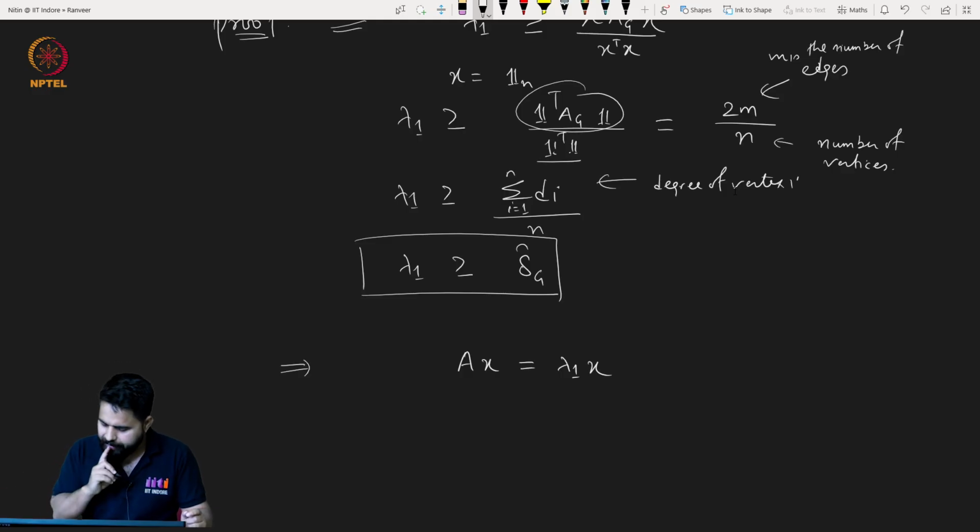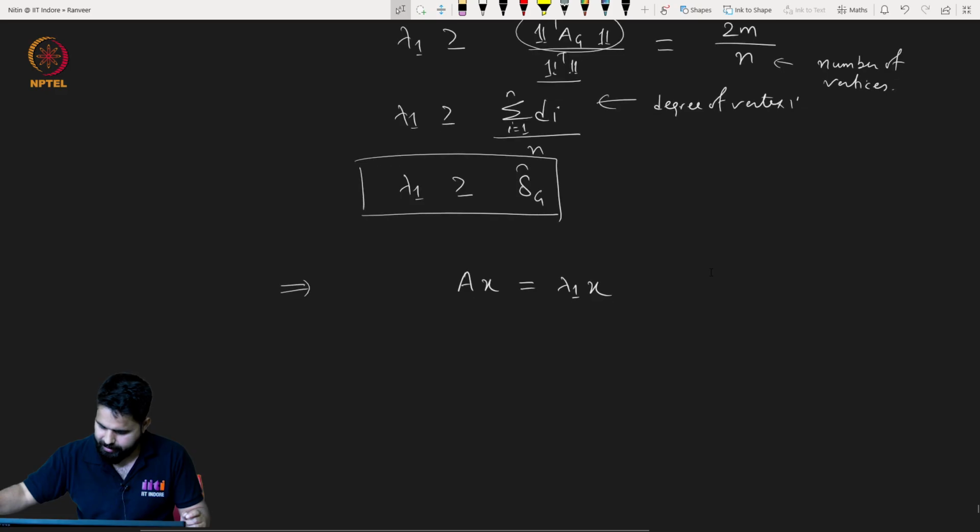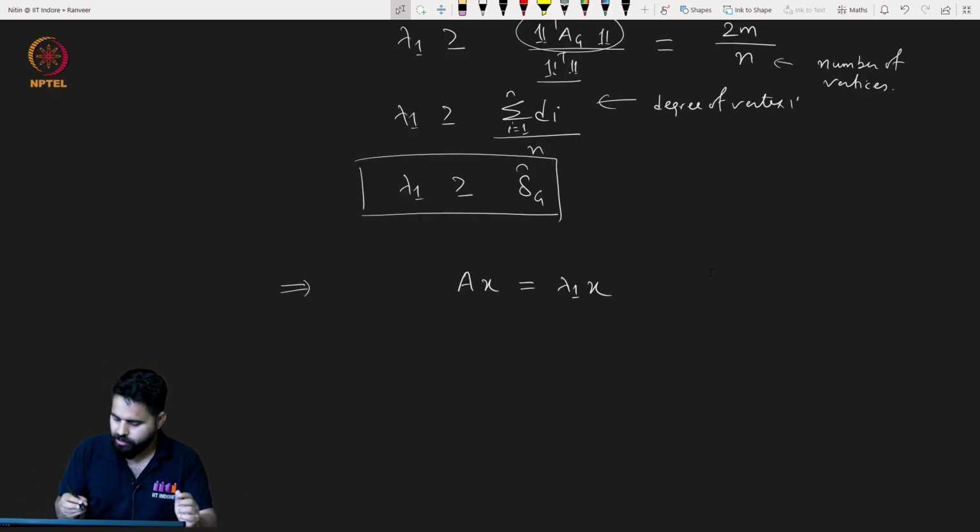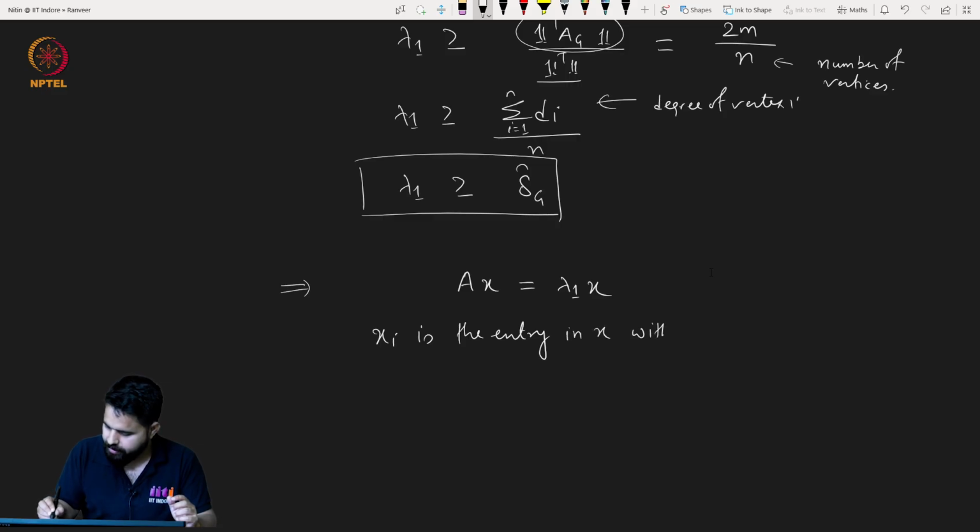And suppose the ith entry of x is the entry with the largest modulus. So suppose xi is the entry in x with the largest absolute value.